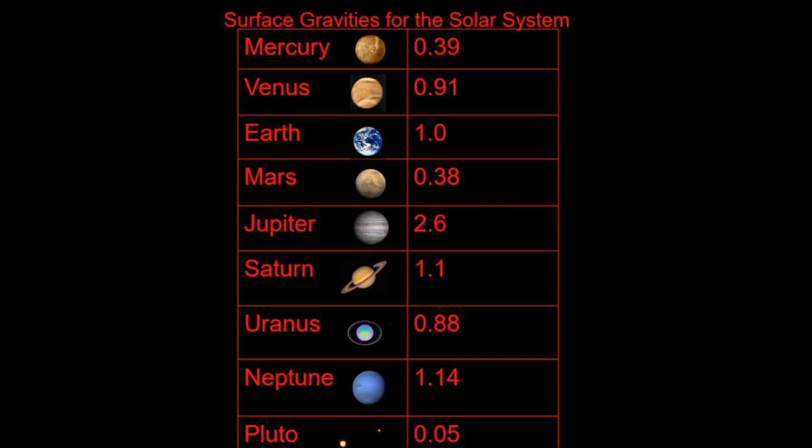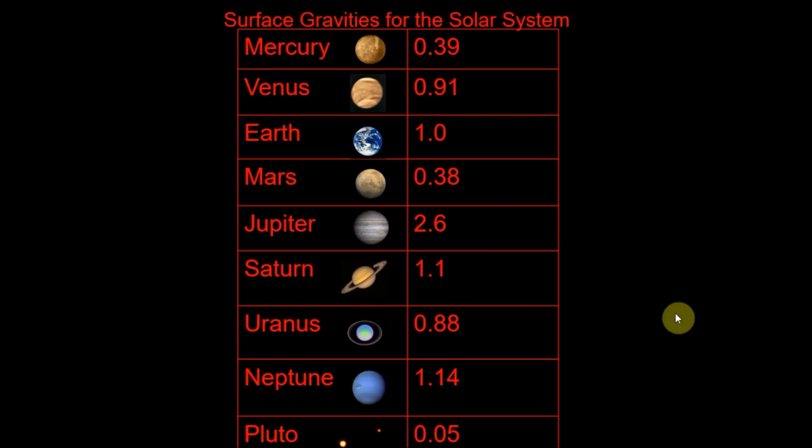If we look at our equation, the force of gravity was G m1 m2 over r squared, where r is the separation from the centre of mass of a planet. Because the density of Saturn is so low, its mass, even though it's a big planet, is also low, giving a low gravity of 1.1.